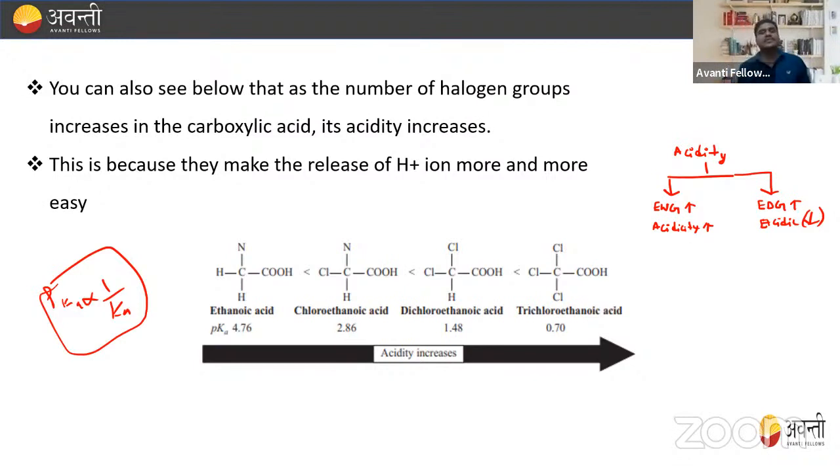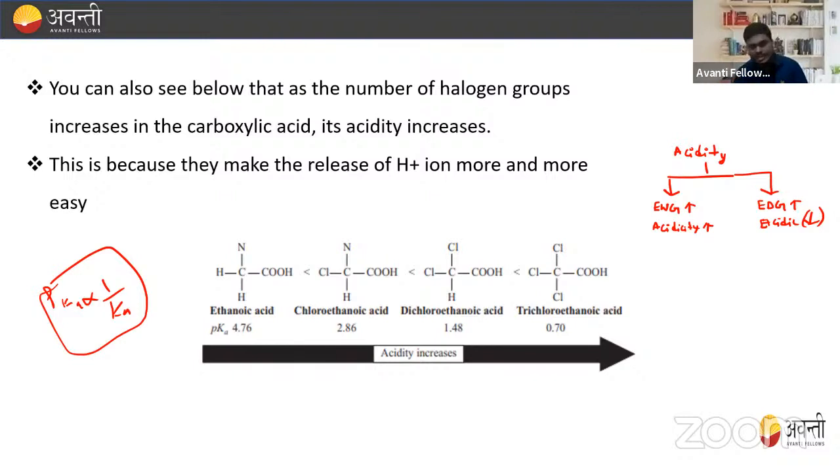It is the lowest pKa value. So lowest pKa value means what? It has the highest Ka value, right? And due to this, acidity starts increasing. This is because they make the release of H plus ion more and more easy, right?